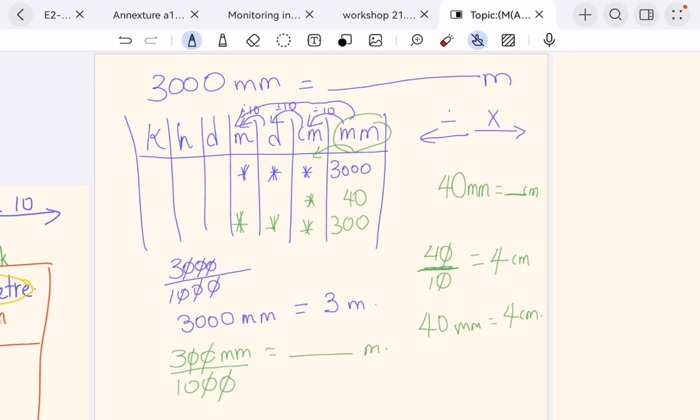I've got 3/10 meters. In grade 5 really, because of the recovery ATP, we don't teach decimal fractions in term 3, so it's best to leave our answer in this format, as a fraction of 3/10 meters.